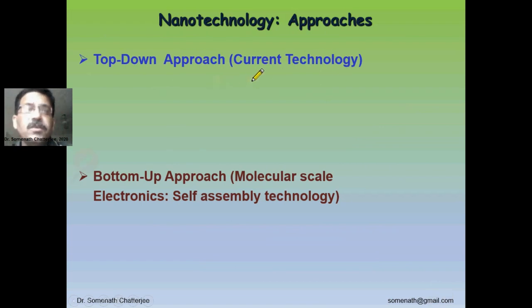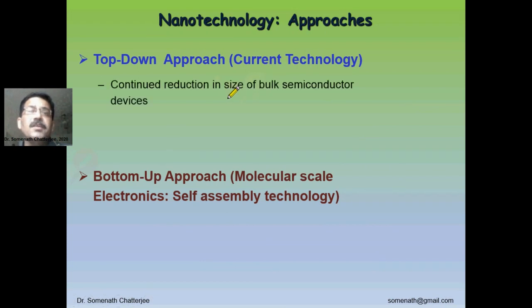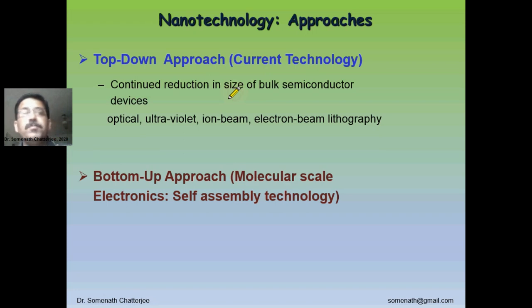The top-down approach is the current technology where we are doing continued reduction in size, that means shrinkage of device dimension by optical, ultraviolet or ion beam, nowadays the electron beam lithography system.